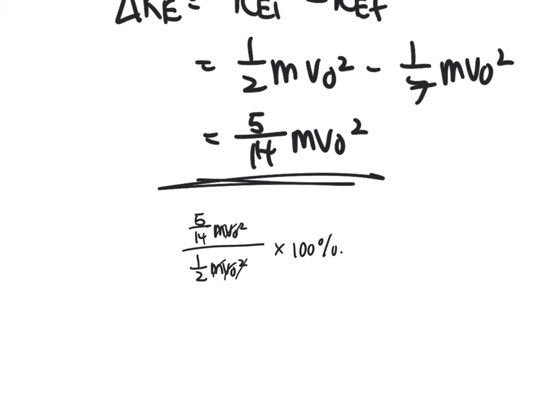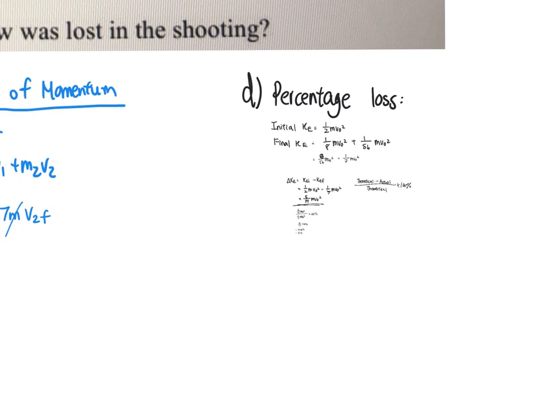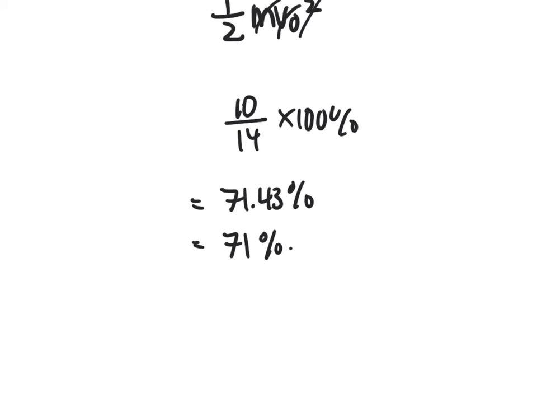So that's going to be 10 over 14 times 100%, which means it's 71.3%, which we can round up to 71%, being the percentage loss. I hope this helps, and I'll see you in the next video.